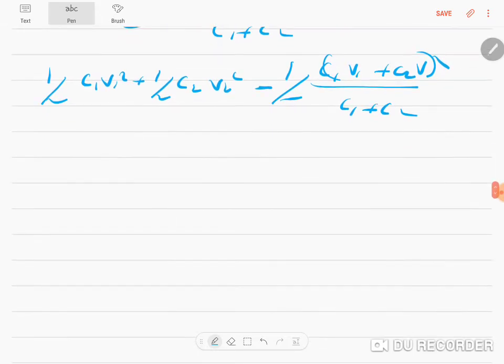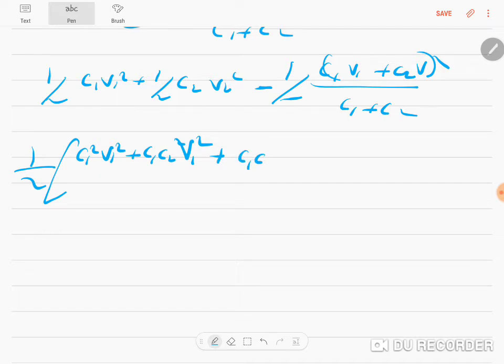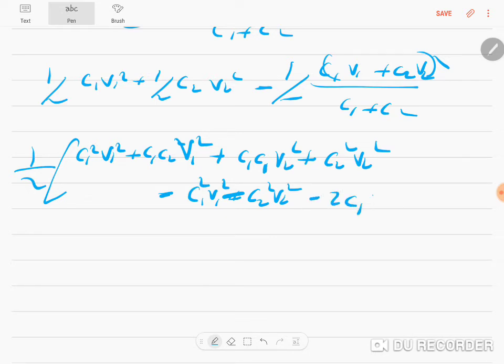On taking LCM and expanding, half can be taken out: C1 square V1 square plus C1 C2 V1 square plus C1 C2 V2 square plus C2 square V2 square, minus C1 square V1 square minus C2 square V2 square minus 2 C1 C2 V1 V2, by C1 plus C2.